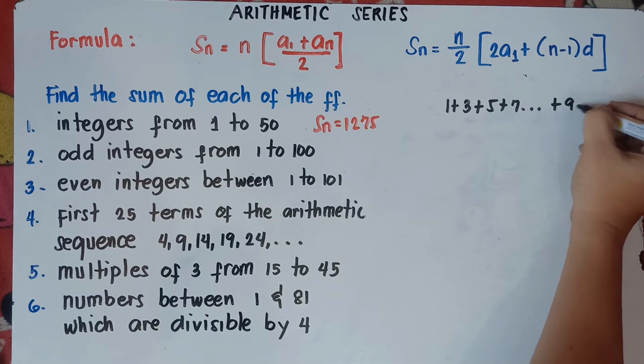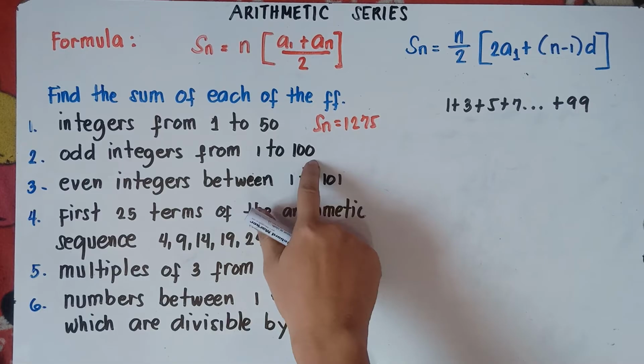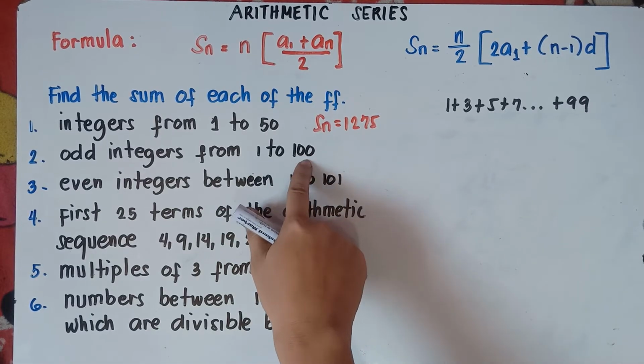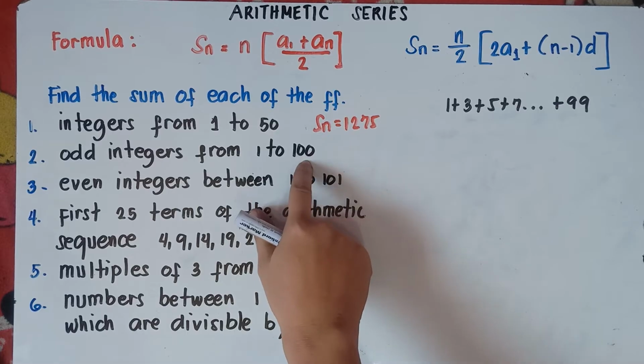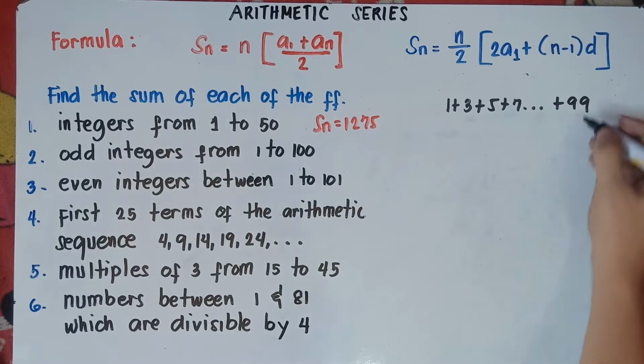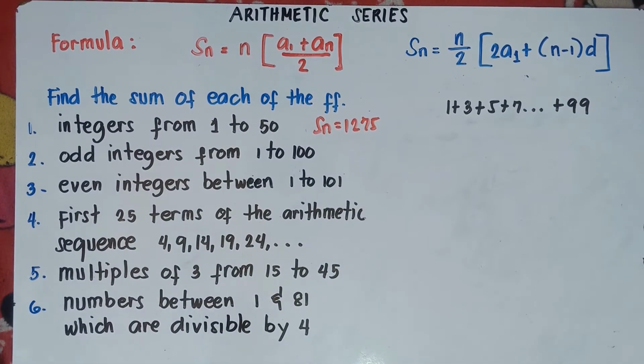That's 99. So the last integer before 100, from 1 to 100, would be 99. 100 is not an odd integer because 100 can be divided by 2. Odd integers are numbers that cannot be divided by 2. It's not divisible by 2. So the last number is 99.